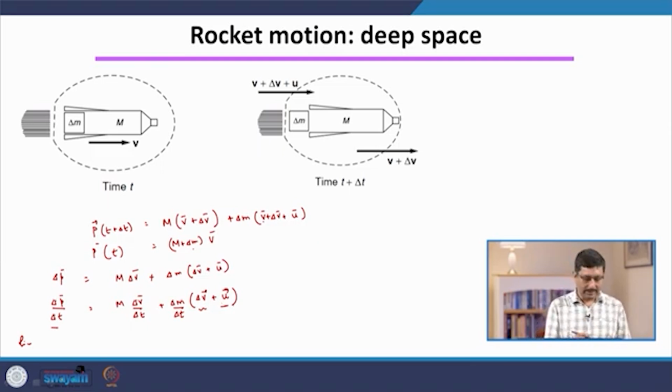So, in the limit of delta t going to 0, the left hand side will become the rate of change of momentum. In the right hand side, the first term similarly will become the mass times the rate of change of velocity, and this term we can drop, because delta v is going to be negligible compared to u.